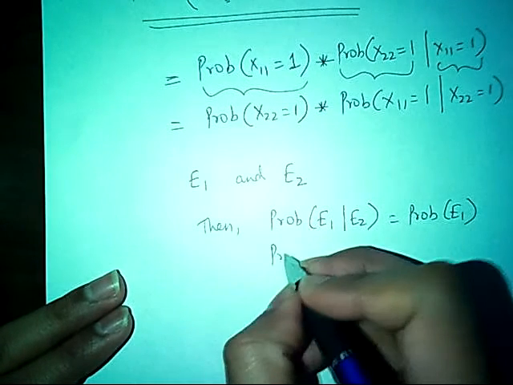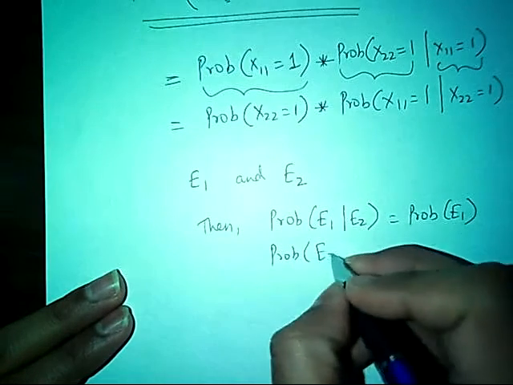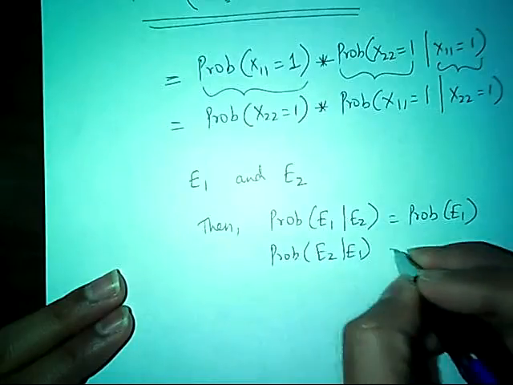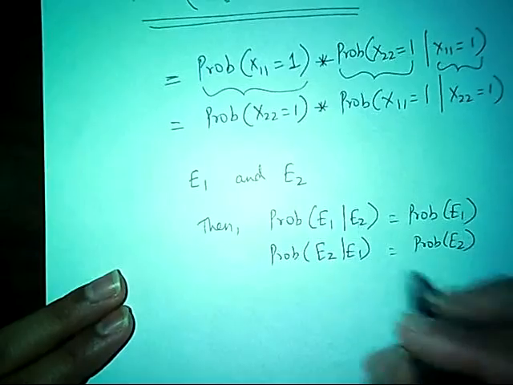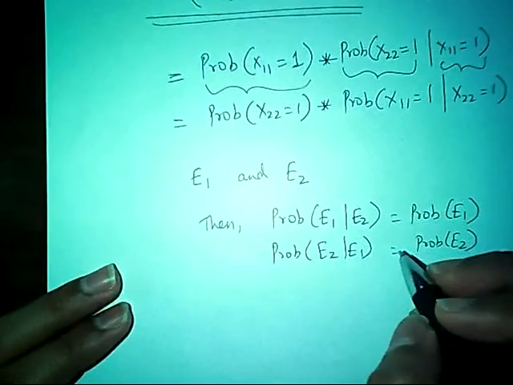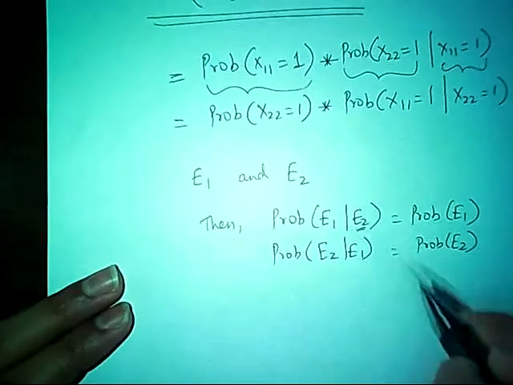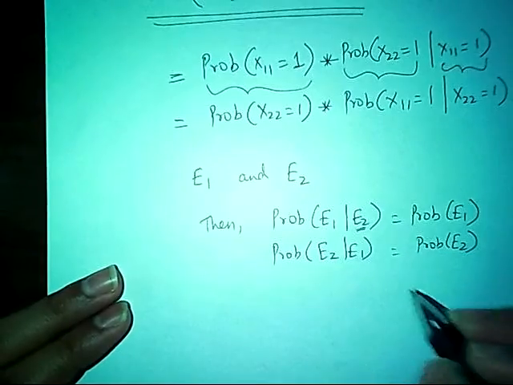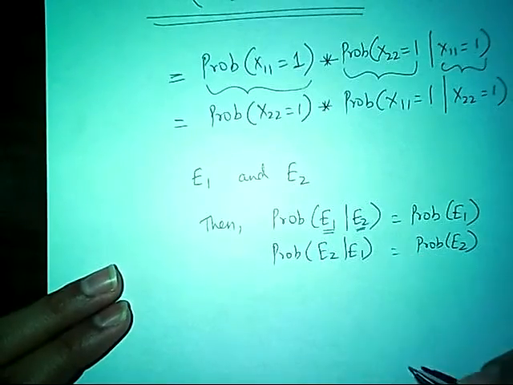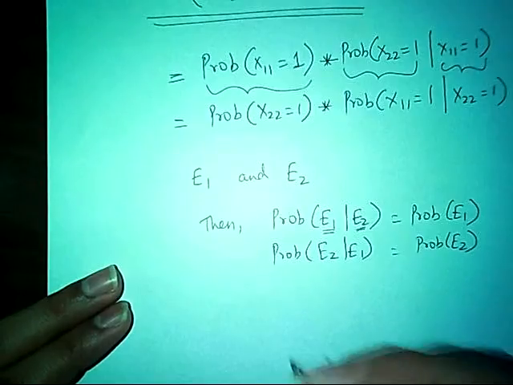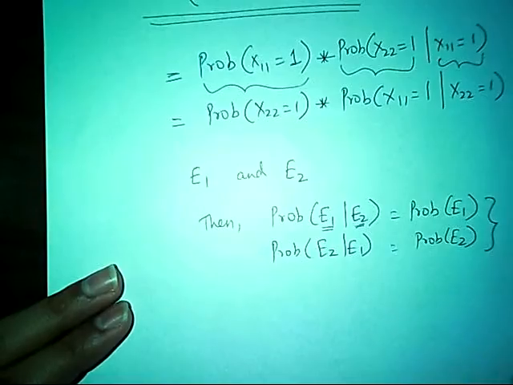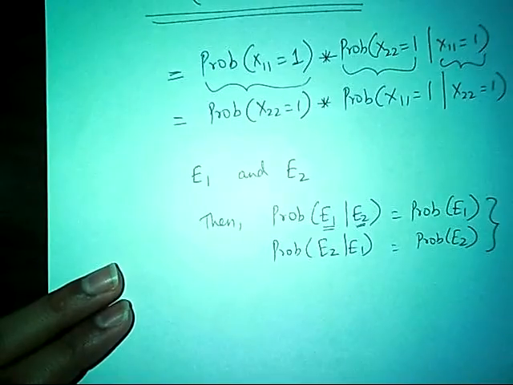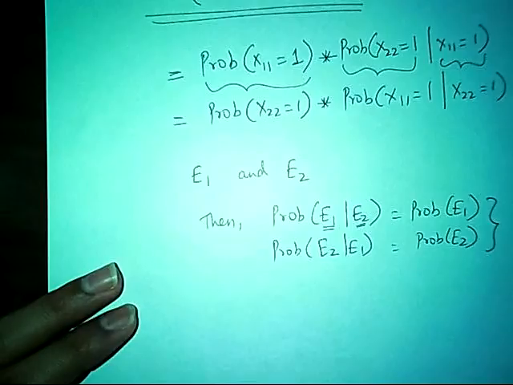Similarly, probability of E2 given E1 would be probability of E2. This is because the knowledge of whether E2 happened or not will not affect the probability with which E1 would happen. That is because E1 and E2 are independent. We will use this later in a slightly modified form, but it would be a good time to just remember this.